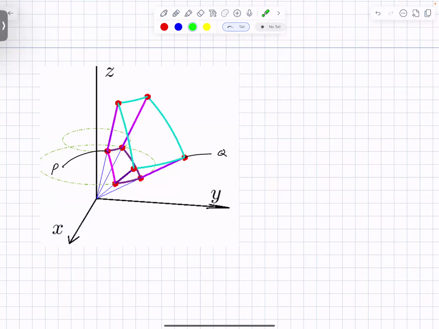And if this one is theta, this one has theta plus d theta, right? Because to get to this point, you have to go down along this arc as well. So this is a differential volume in the spherical coordinate system.